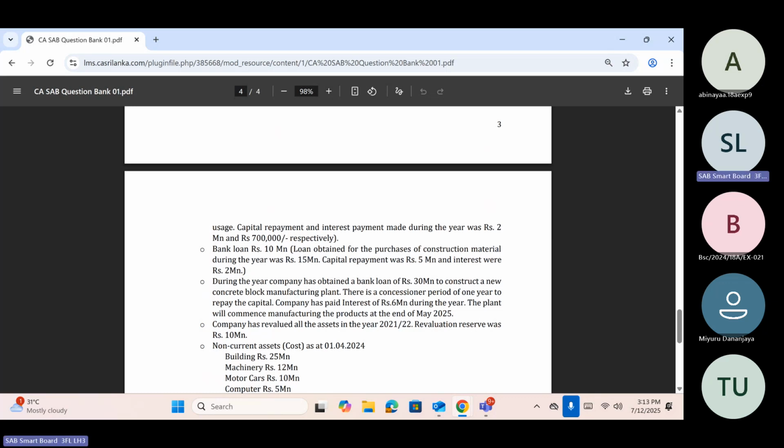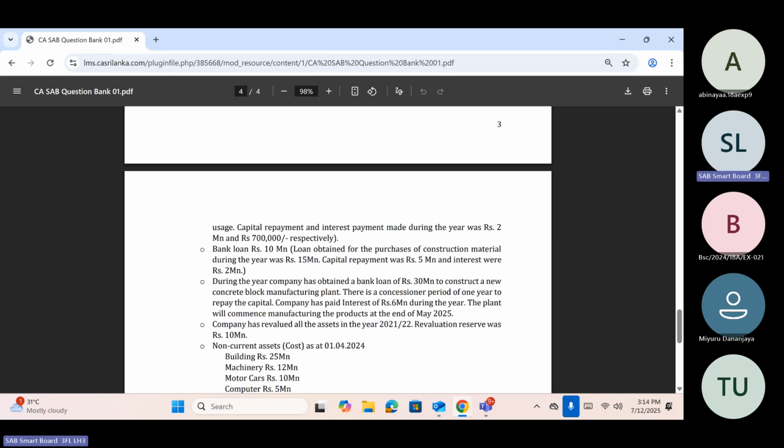So this is the amount that we can deduct. Remember, that is the deductible amount. Up to that amount we can deduct. But the amount we have, the allowable finance cost, is 2 million.